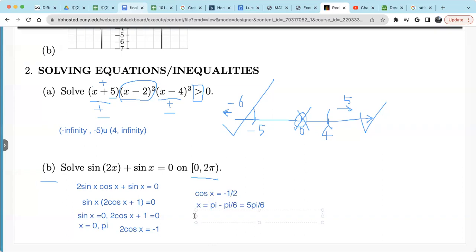Then in the third quadrant, the angle is pi plus pi over 3, which is 4 pi over 3.